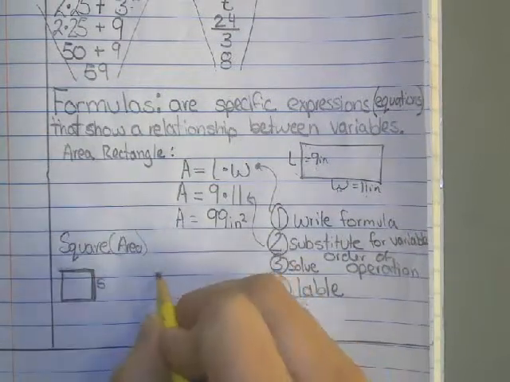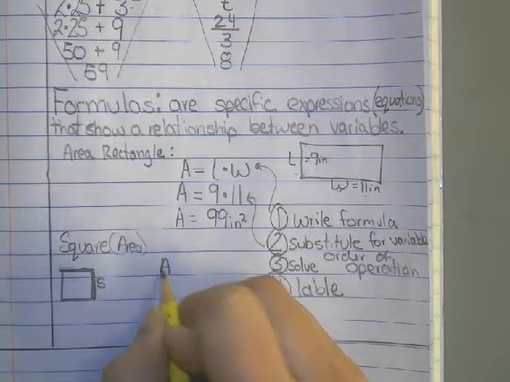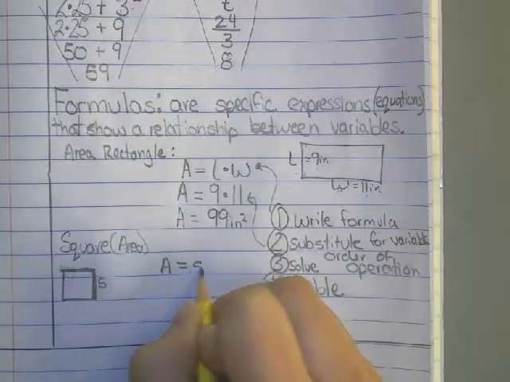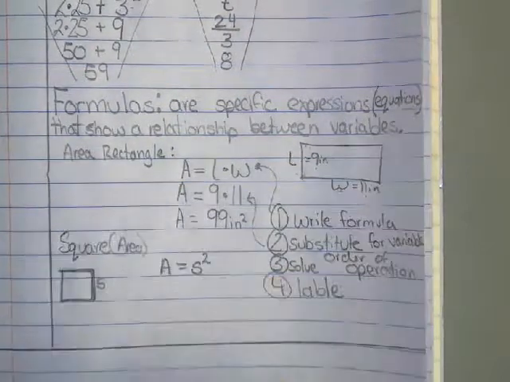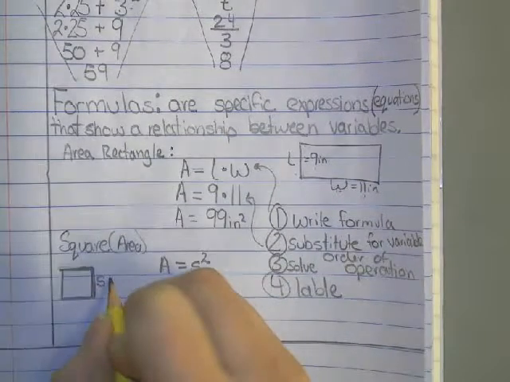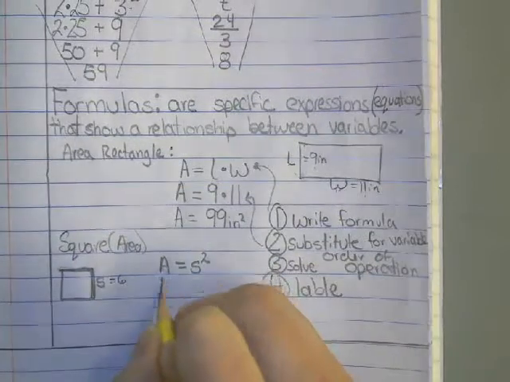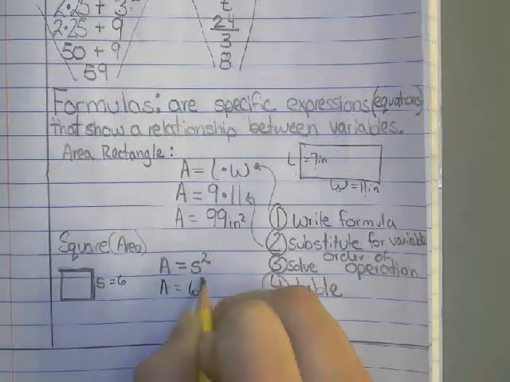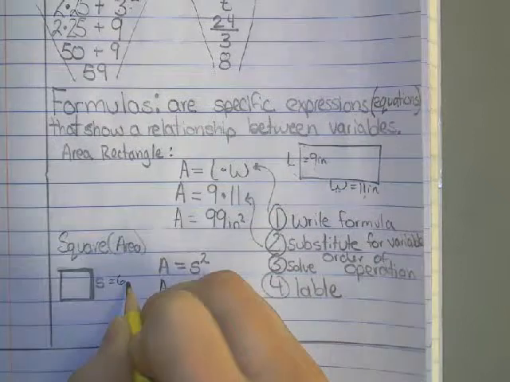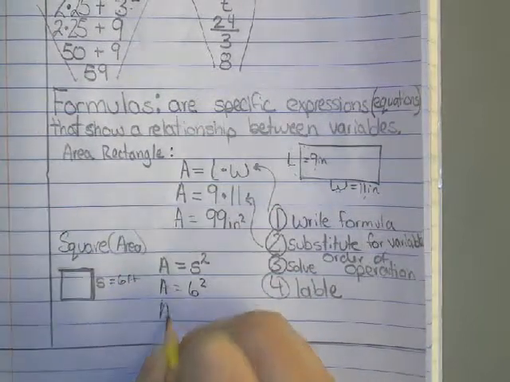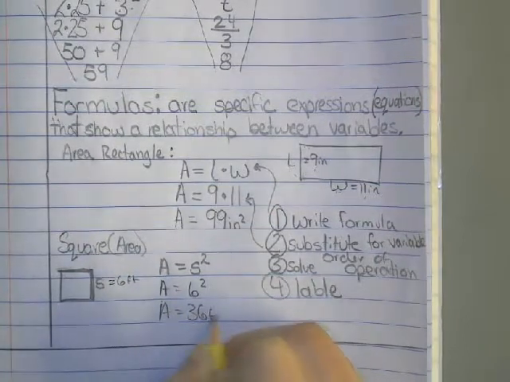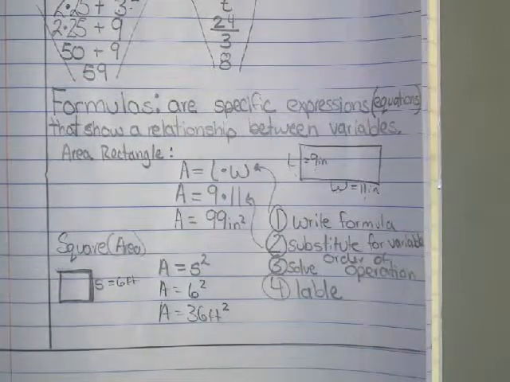So the formula for that is A for area equals S squared. So now if we say S equals 6, then we substitute A equals 6 squared, and let's say that's feet. 36. So A would equal 36 feet squared.